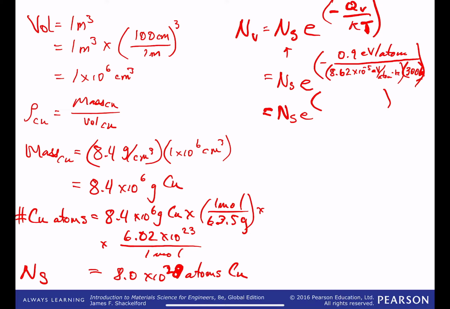So I will be raising e to the power of negative 34.8028. The value should be unitless because Kelvin cancels Kelvin, electron volts cancels electron volts, and per atom cancels per atom. So raising e to that gives me NV over NS equal to 7.6797 times 10 to the minus 16.